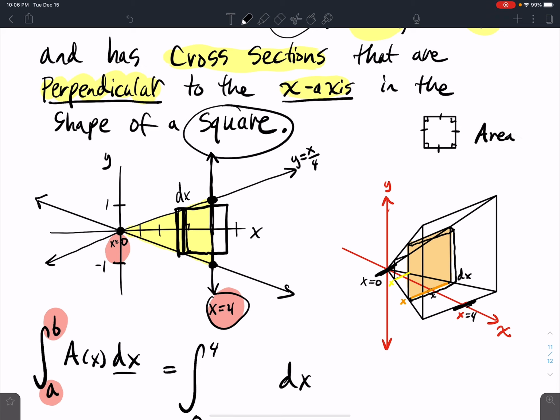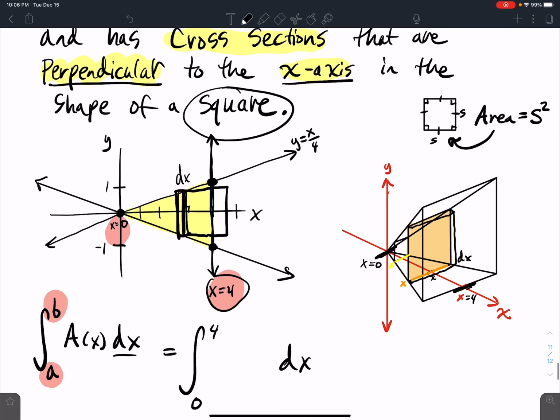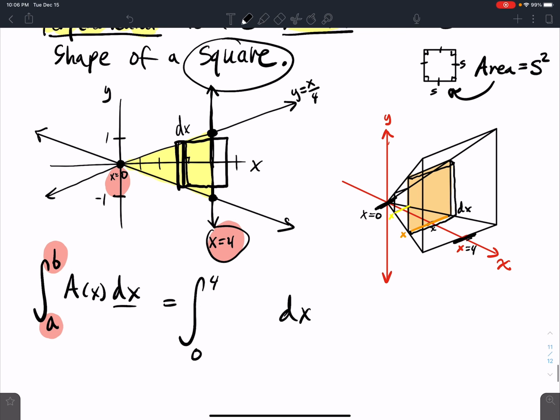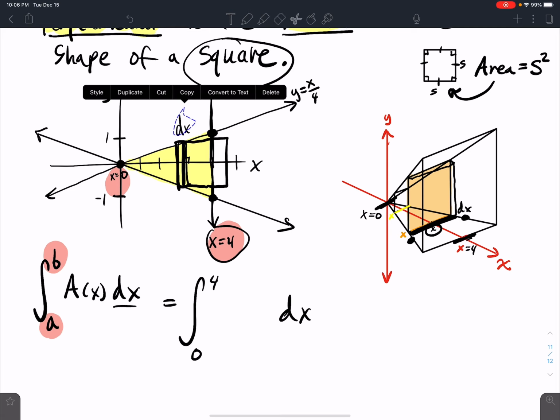Well, how do I get the area of a square? What I need is some side and another side. So area is equal to the side squared, right? So really all it amounts to is finding the distance between this upper line here and that lower line there for some arbitrary x.